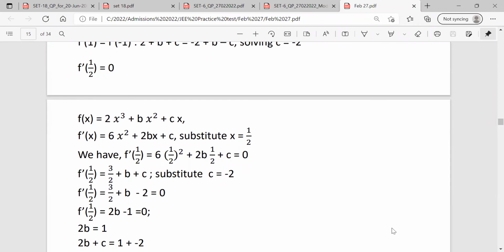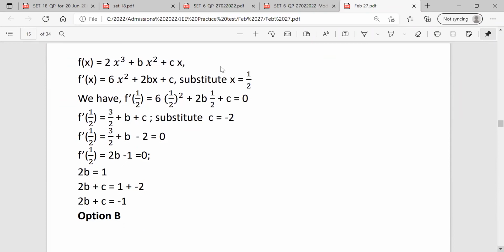Now we substitute x equal to 1/2. So f dash of 1/2 equals 6 multiplied by (1/2) squared plus 2b multiplied by 1/2 plus c, equal to 0. Simplifying, we have 3/2 plus b plus c.